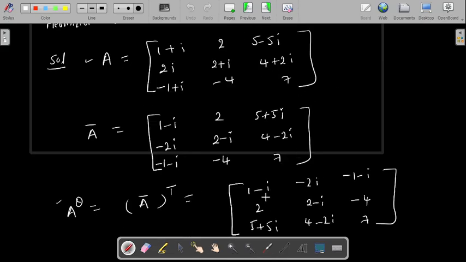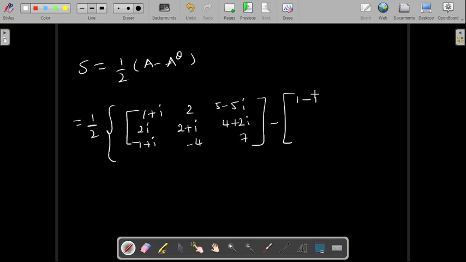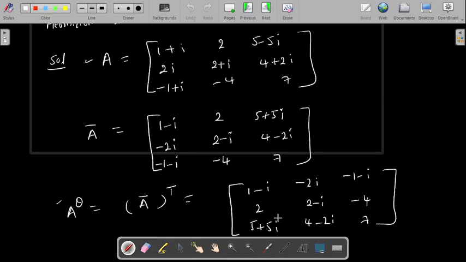So A power theta: 1 minus I, minus 2I, minus 1, minus I, 1 minus I, minus 2I, minus 1, minus I. Next to 2, 2 minus I, minus 4.